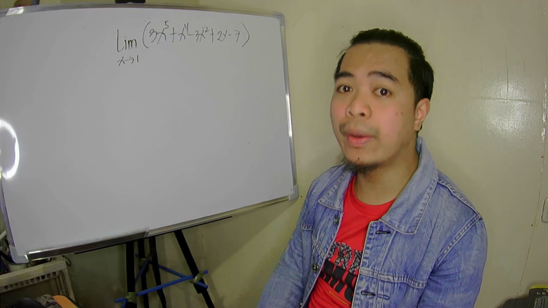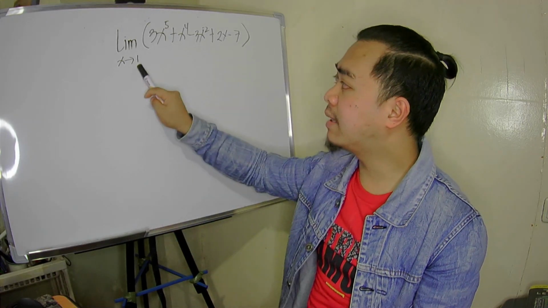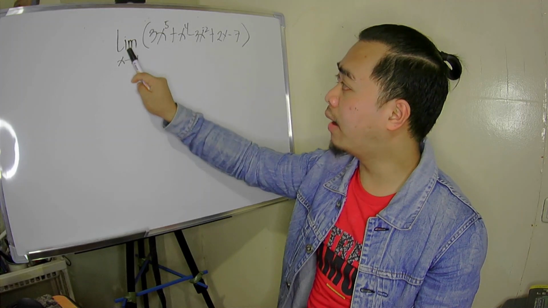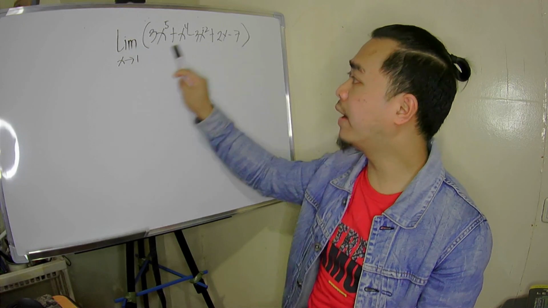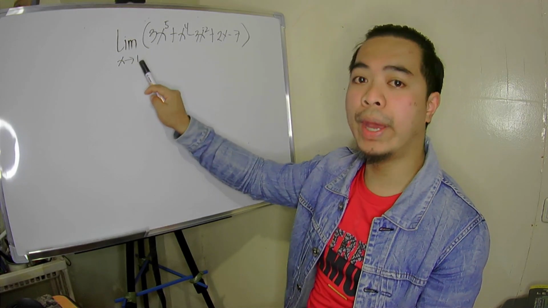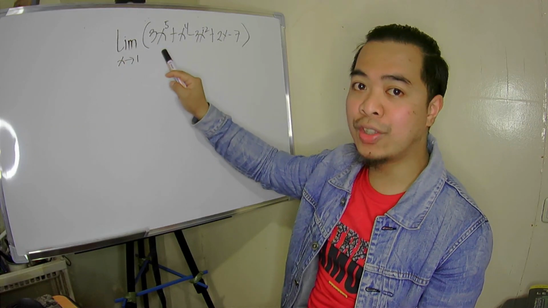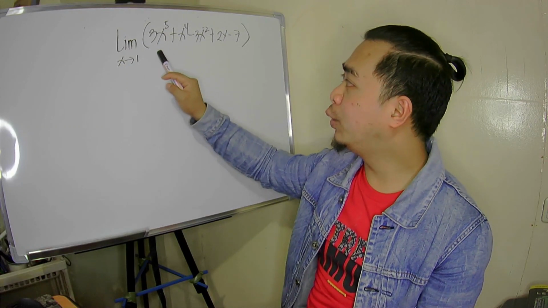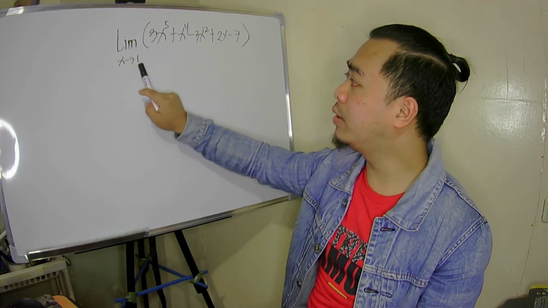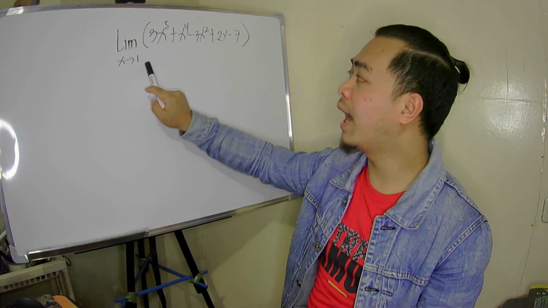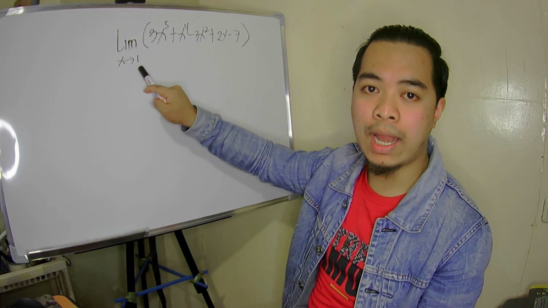We mentioned a while back that we do not care about the value of the function at x equal to 1, because when studying limits, we look at the value of the function when x is around 1 from the left and from the right. But special to polynomial functions, the value the function approaches if we choose x close to 1 is the value of the function itself at 1.